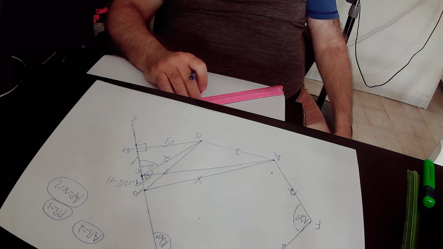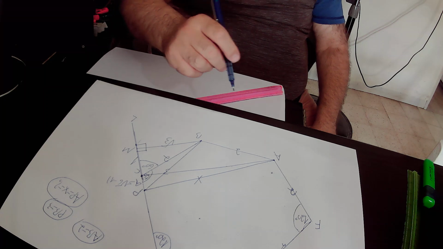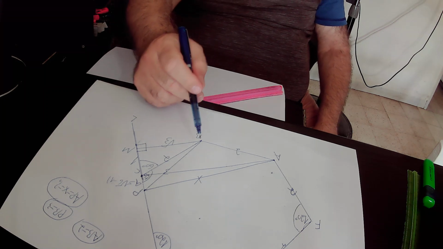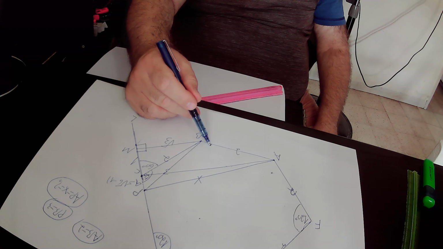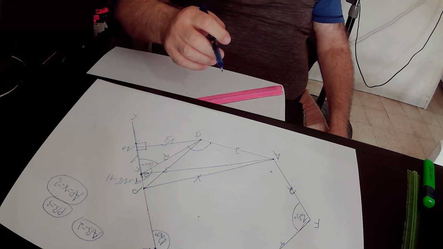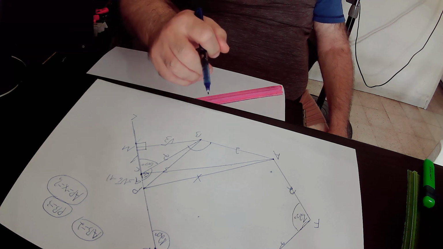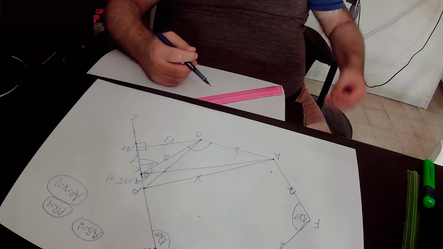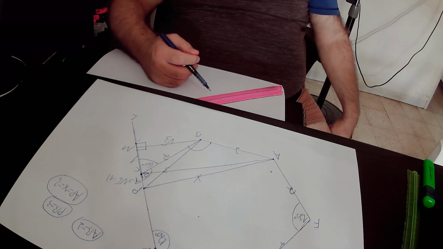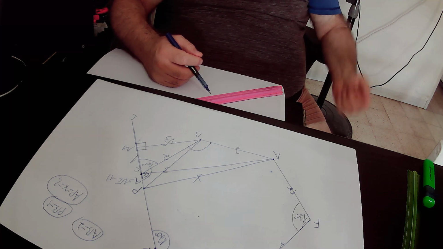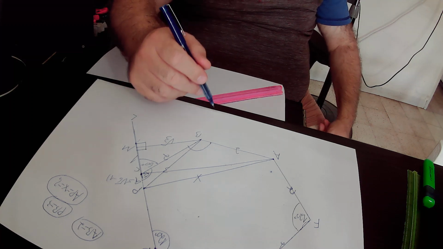But before that, what is the size of angle ABC? This angle ABC is one of the 6 angles of this regular hexagon, and we already found out that all 6 angles of this regular hexagon are equal to each other, and each of them is equal to 120 degrees.